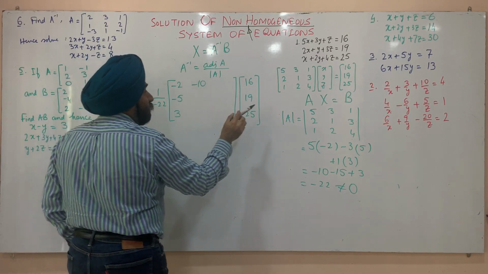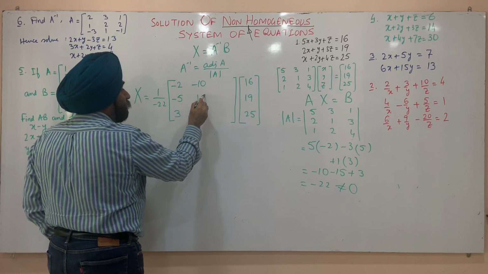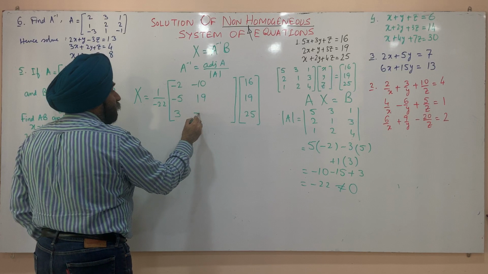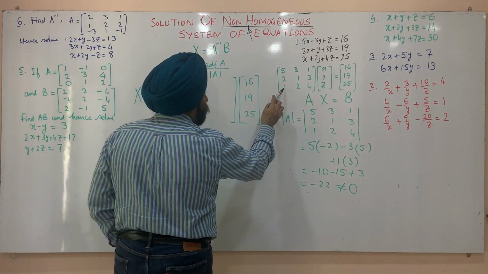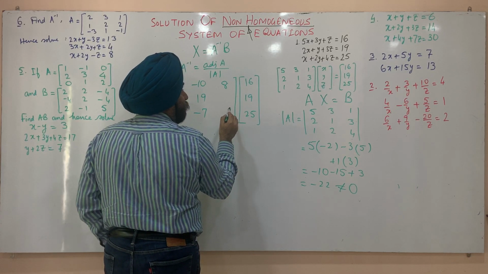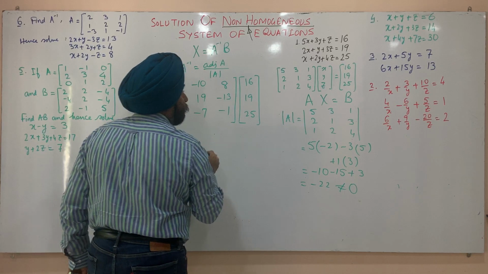It's −10 here because of position. 20 − 1, it's 19. Then for this it's 10 − 3, 7. We write −7. For the elements of the last row, 9 − 1 is 8. This is −13. This is −1.